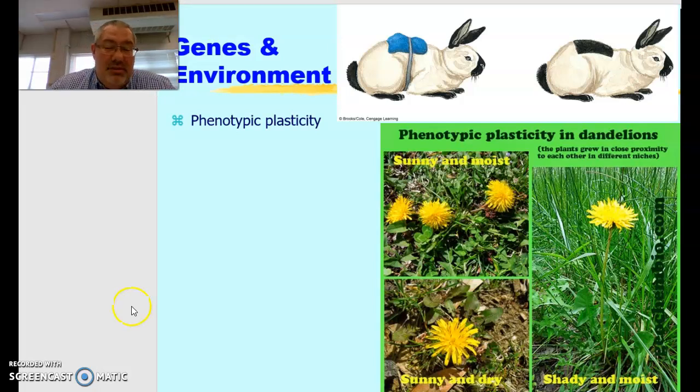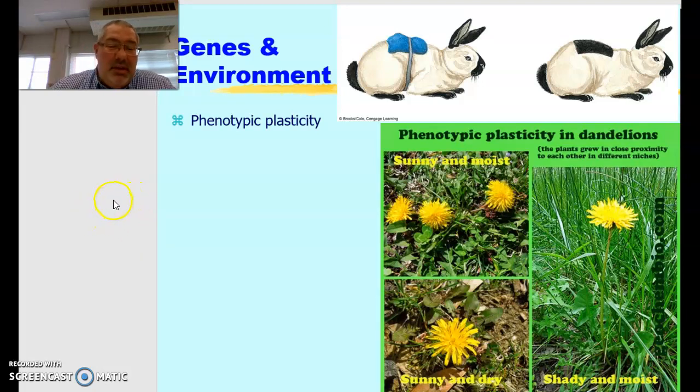The example of the dandelion shows that the shape of the leaves, the orientation of the leaves, the length of the flowers, the flowering time, all vary based upon the environment that the dandelion grows within.